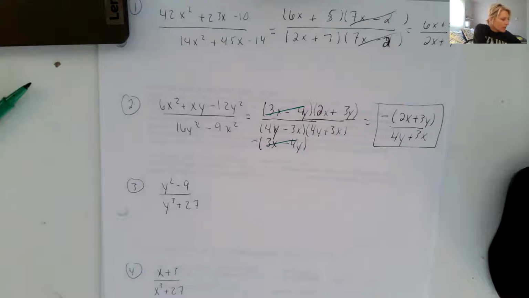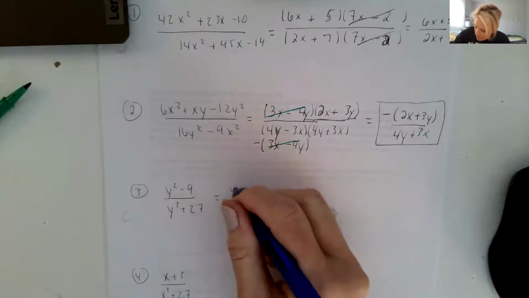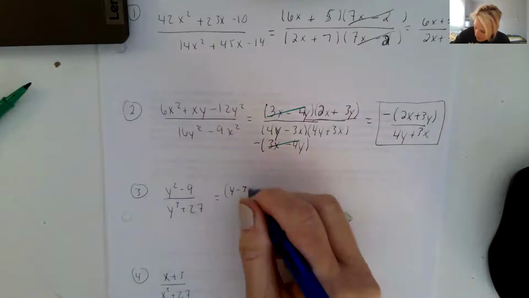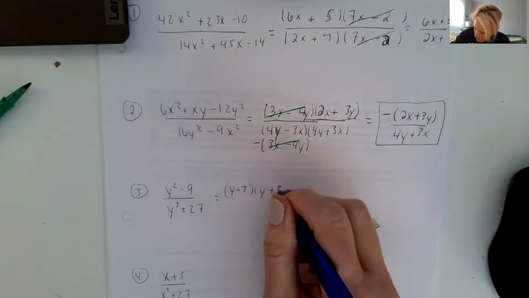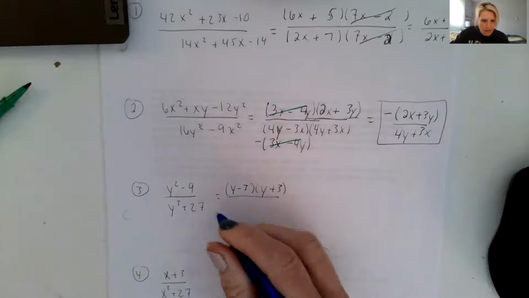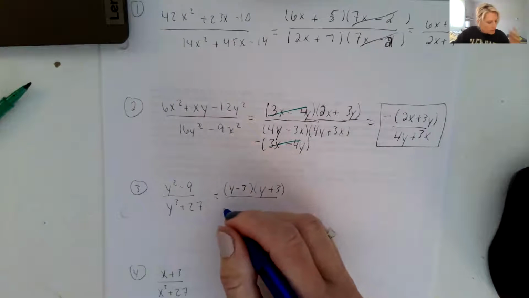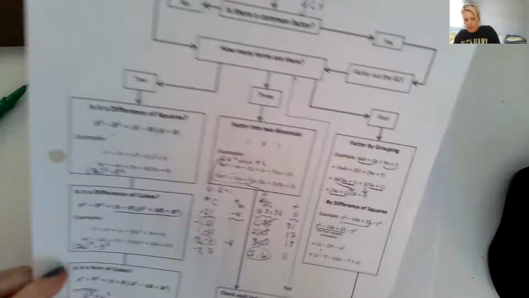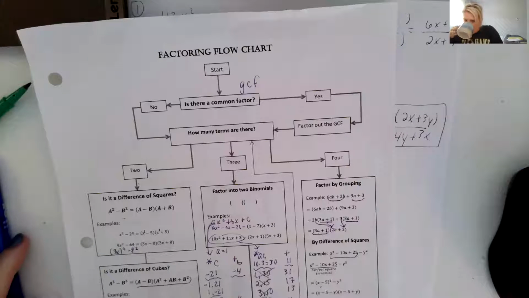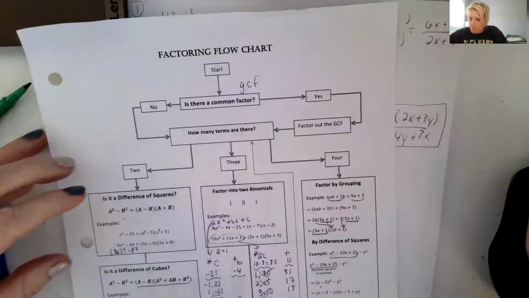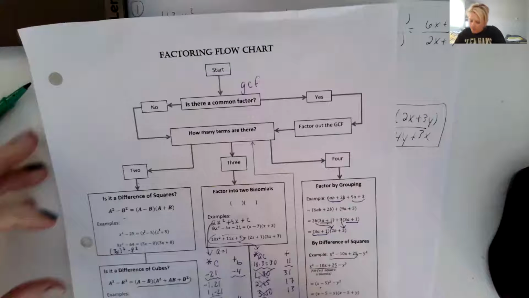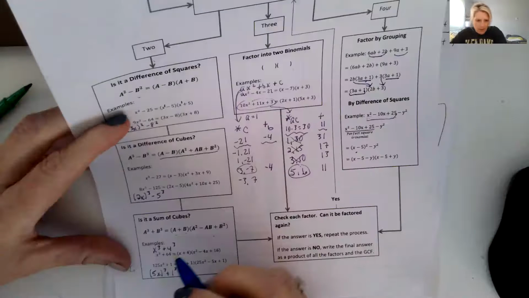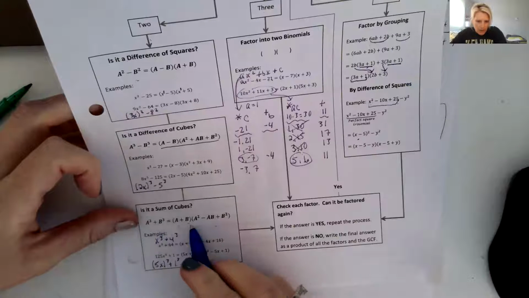Number 3, we've got a difference of squares on top. So y minus 3, y plus 3. And then a sum of 2 cubes on bottom, and the sum of 2 cubes is on our factoring flowchart, which you can use on the exam. And the factoring flowchart says a cubed plus b cubed right here.